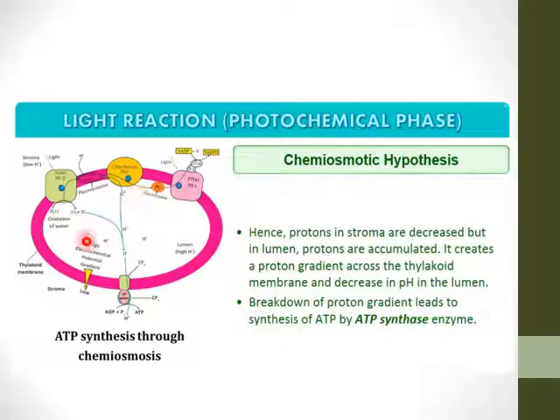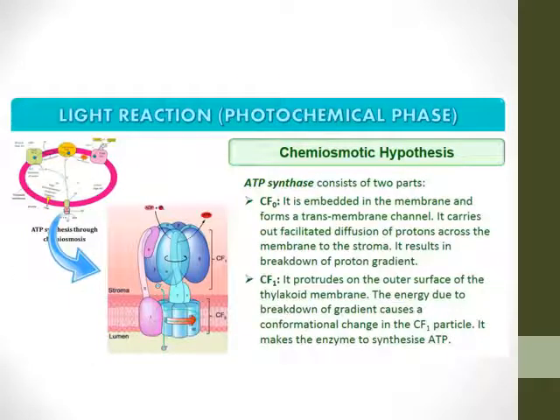Breakdown of the proton gradient leads to the synthesis of ATP by the enzyme ATP synthetase. ATP synthetase consists of two parts, CF0, the chloroplast F0. This is the part you can see, the head and the stalk portion.